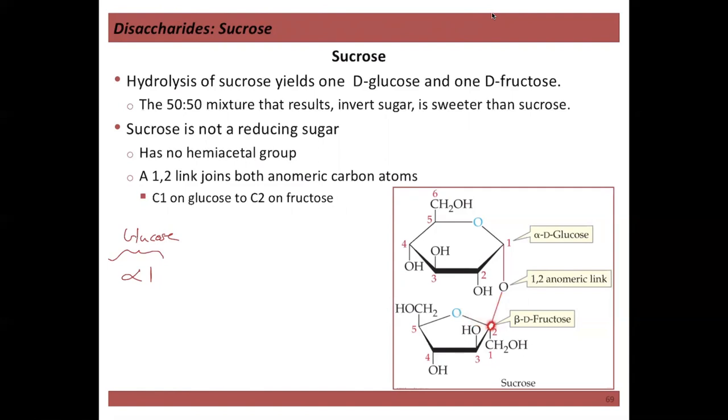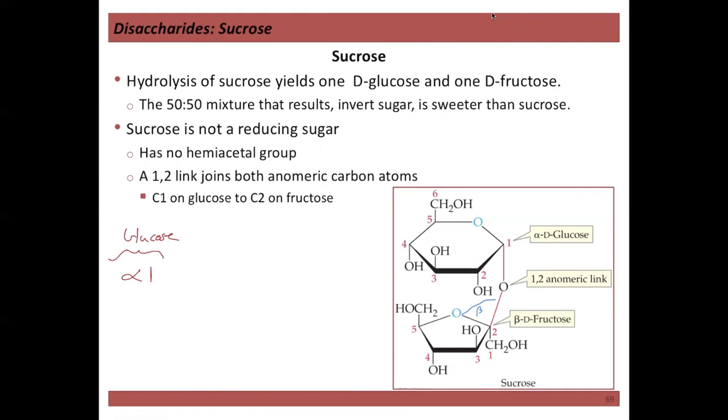And since this is a furanose made from a keto sugar, it has the CH2OH off of that anomeric carbon right there. And if we look at this configuration here, this is a beta. And we're starting from carbon 2.